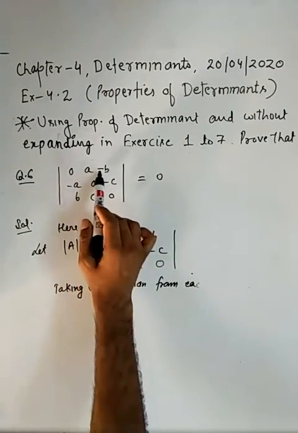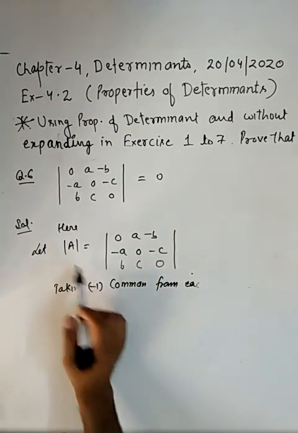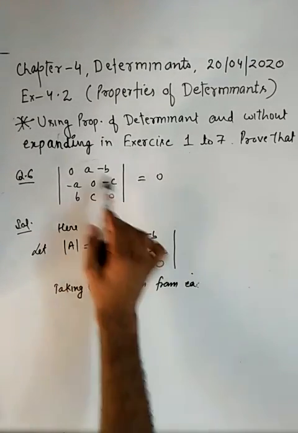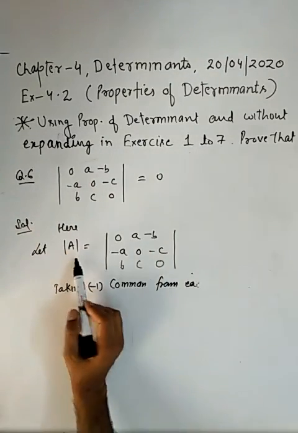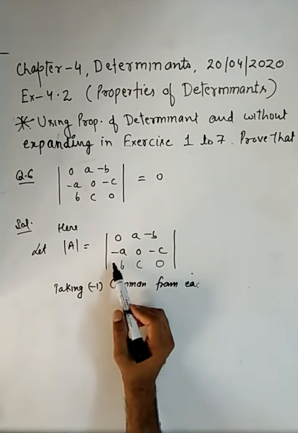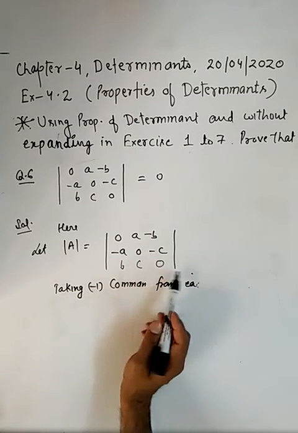There was minus, not plus. So again, let us consider it to be determinant of A. So determinant of A equal to 0, A, minus B; minus A, 0, minus C; B, C, 0.